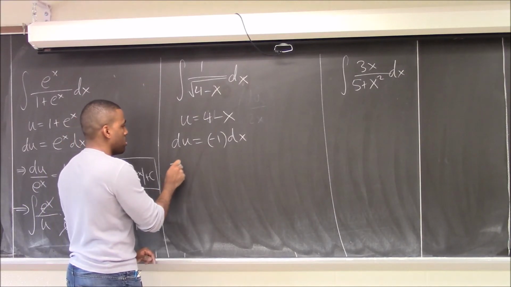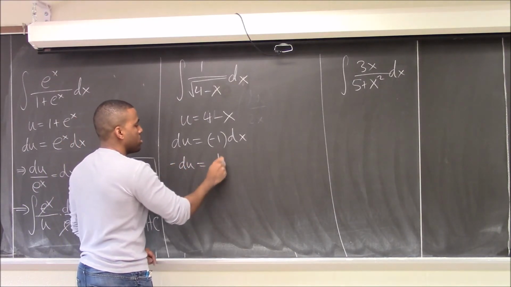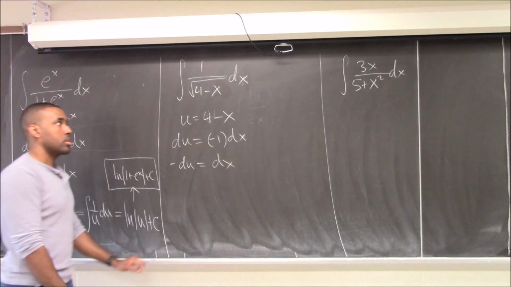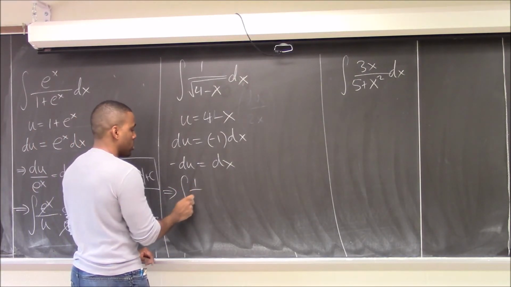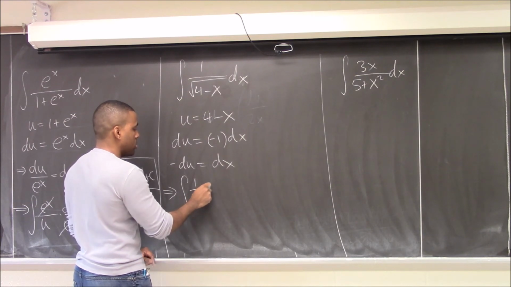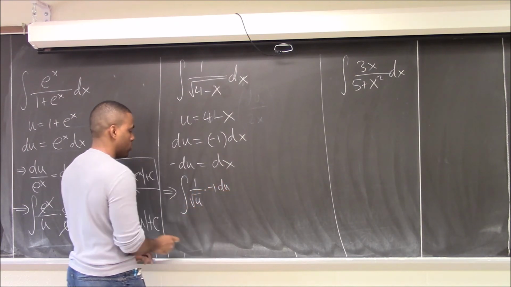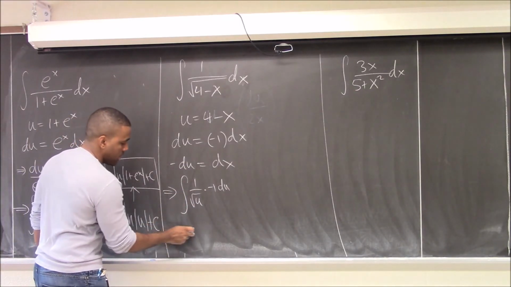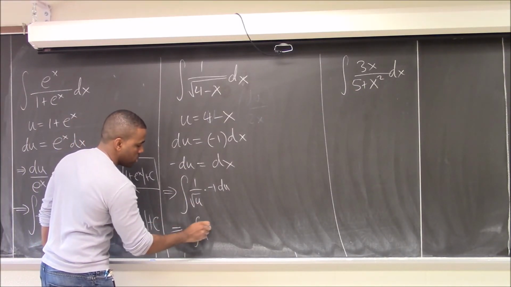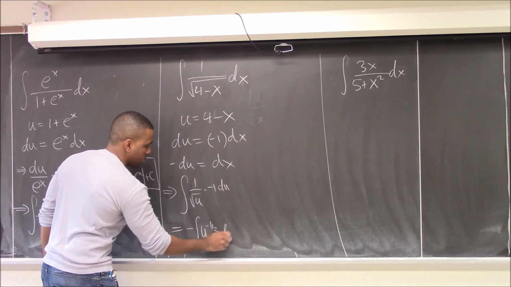So that means this minus du is going to be my dx. So basically, we have an integral 1 over the radical of u times minus 1 du. Or in other words, you can factor out that negative sign and rewrite this as u to the minus 1/2.